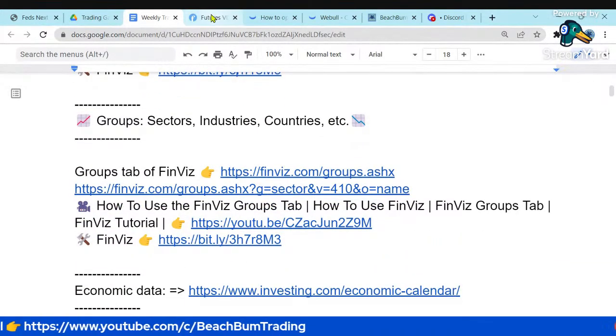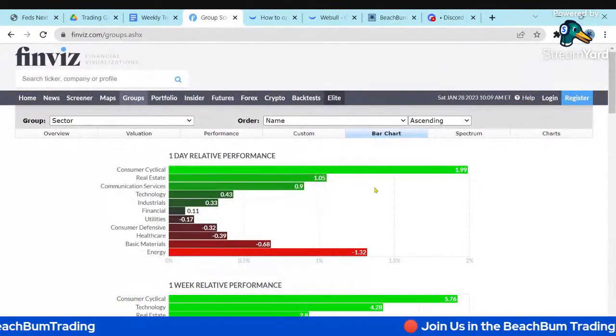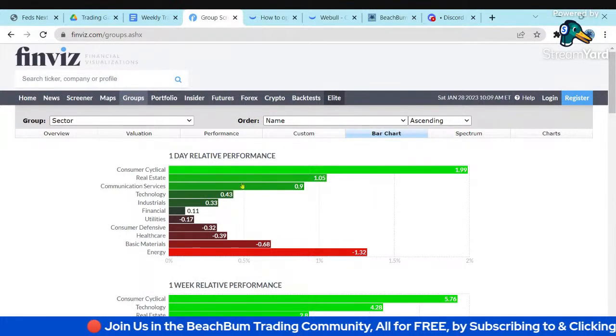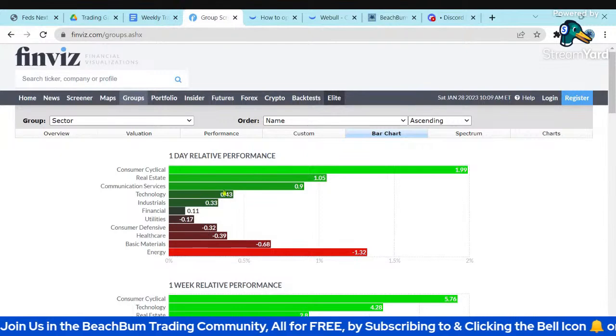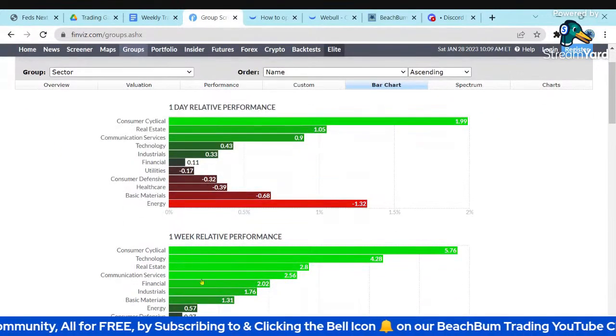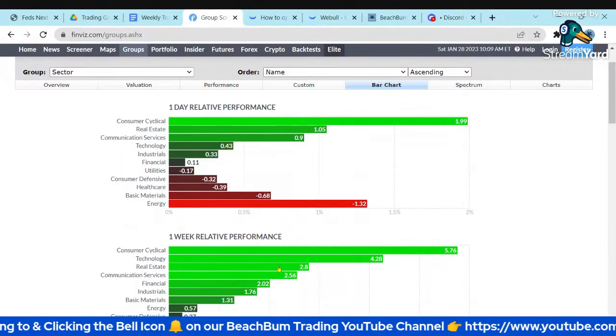So let's look at the groups and the sectors. On Friday, again, you saw real estate, communication services, consumer cyclical, kind of underperformers previously, got run. Technology was relatively positive for the week. We can see technology, real estate, communication, and cyclical were all outperformers.